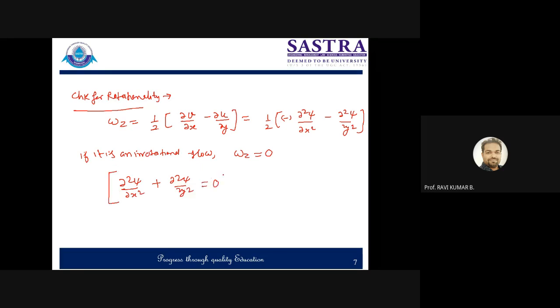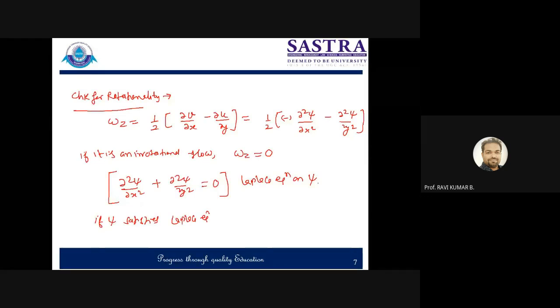So this equation is known as Laplace equation on ψ. So we can say that if ψ satisfies the Laplace equation, it is a possible case of an irrotational flow, right?